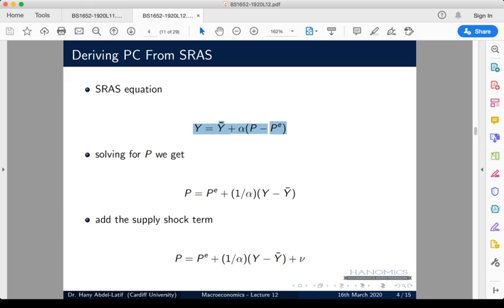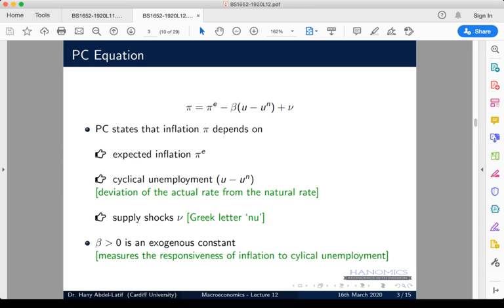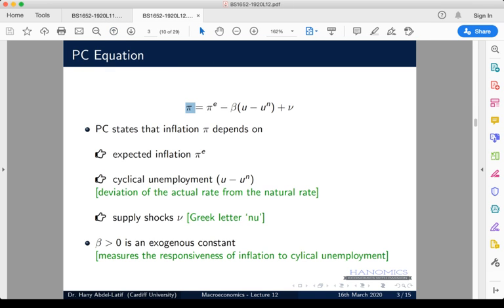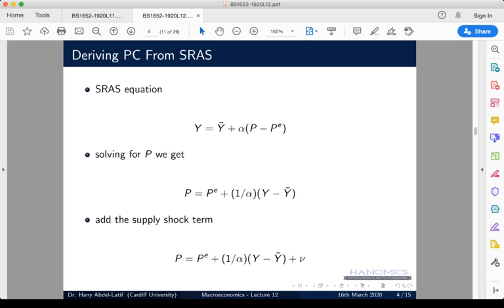If you solve this equation here, because we want to reach something close to this, we want prices or inflation on the left-hand side and unemployment on the right-hand side. So far, we don't have unemployment yet, but in this equation we have output.